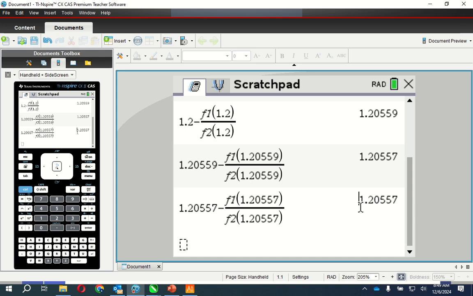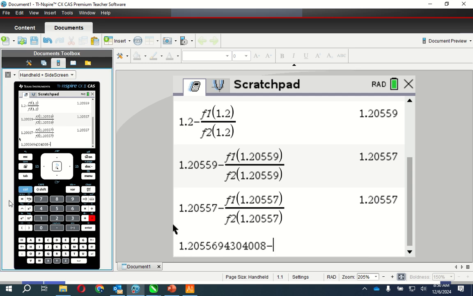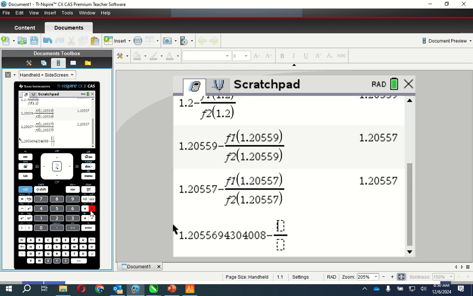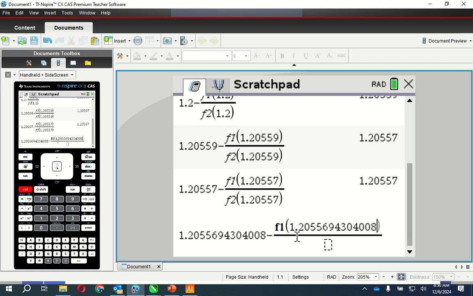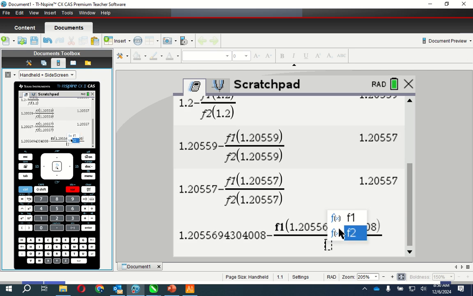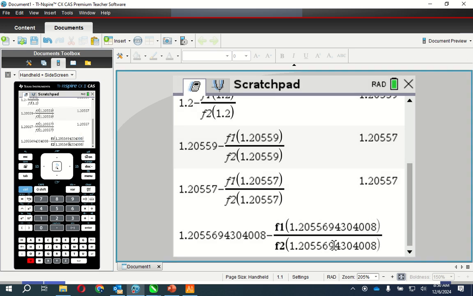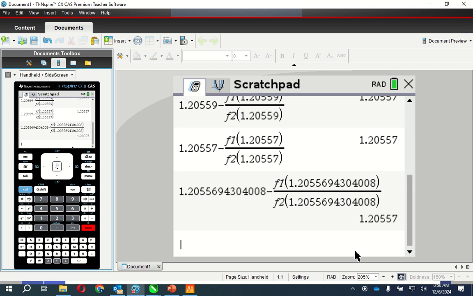So I'm going to show you by plugging in the entire answer. And let's go to the graph, 1.20557.